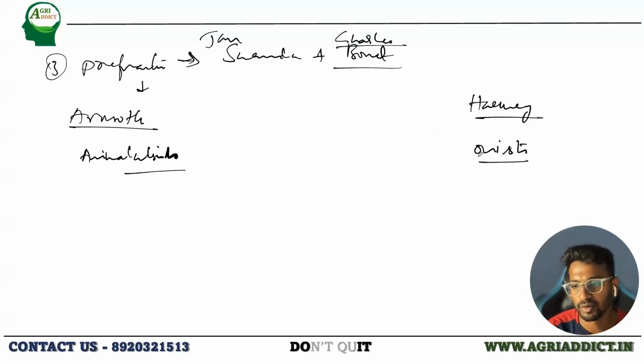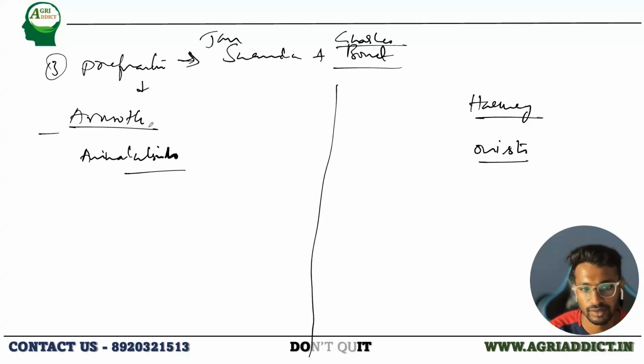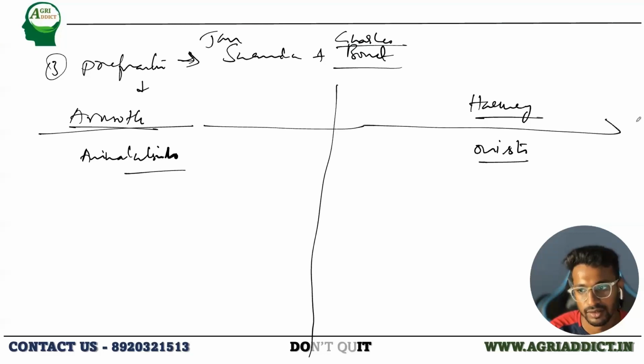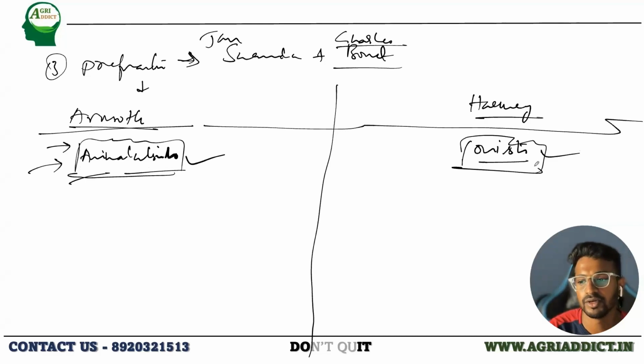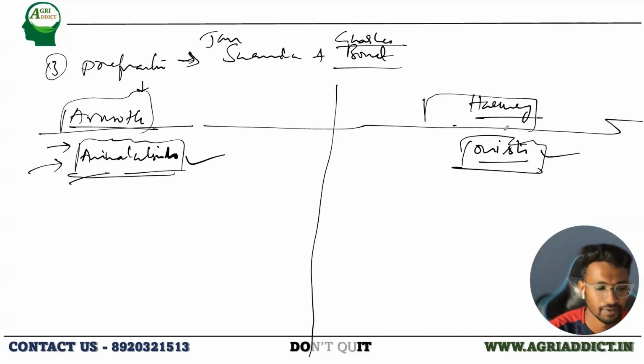So if you remember, can anyone tell me what is the difference between these two categories of people? Basically, the animalculists are the set of people who believed in this theory, and the ovists are the category of people who believed in the ovist theory. This was majorly led by Aristotle and Harvey.